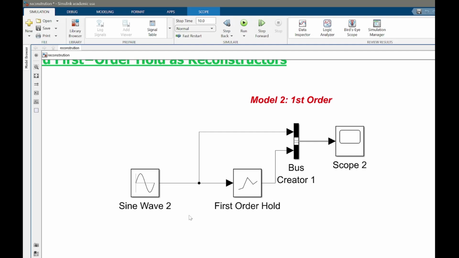The sine wave is still producing the original analog signal. One branch goes directly to the scope, the other branch passes through a first order hold block instead of the zero order hold.